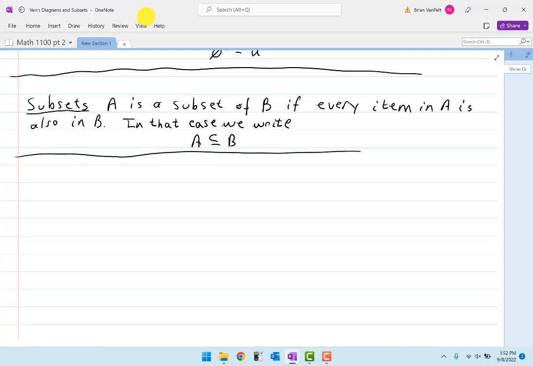A couple of notes. No matter what set A is, there are two things that we know to be true of it right off the bat. One is that the empty set is always a subset of it, and that it is always a subset of the universal set.